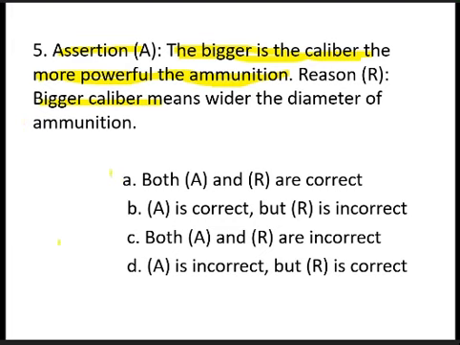So that is letter B. Pag abot nato sa letter C, ang assertion ug ang reason is sayop. Both A and R, assertion and reason, are incorrect. And then letter D, A is incorrect but R is correct.